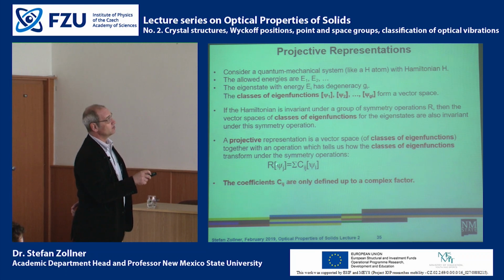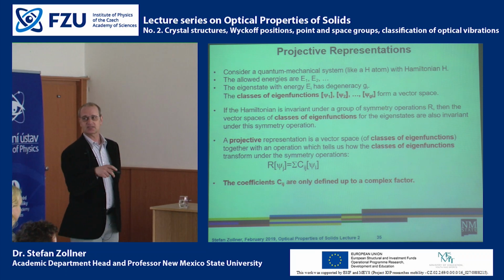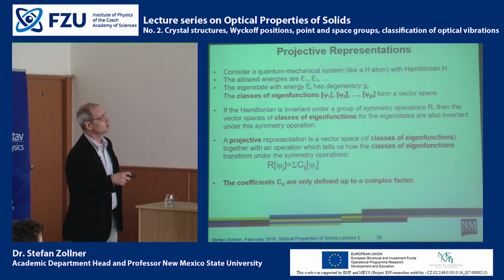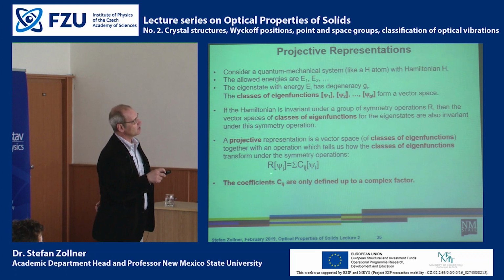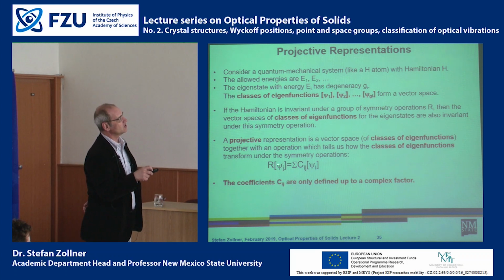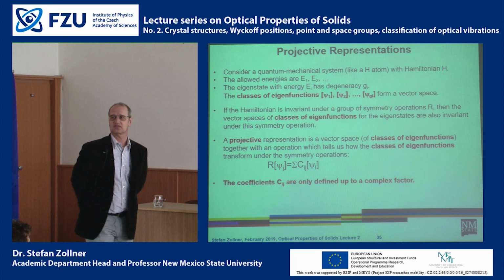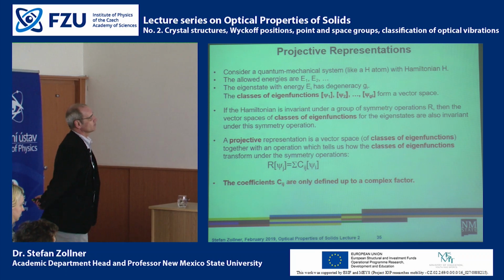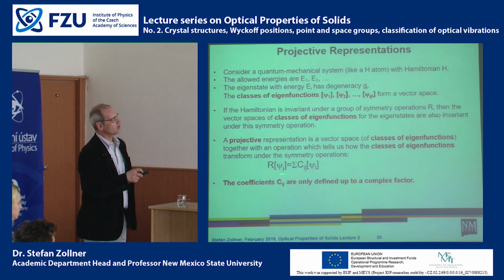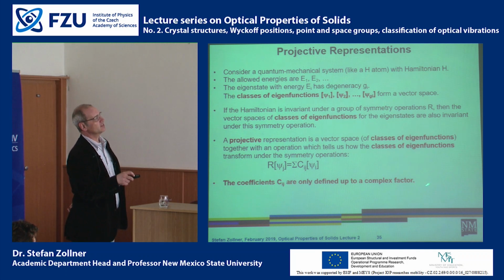I take a quantum mechanical state, which is a wave function, together with all complex phases that I could possibly want to multiply with it, and I apply my symmetry operation onto this quantum mechanical state, and then I'm getting another quantum mechanical state with certain coefficients. So now these coefficients are only defined up to a complex factor.